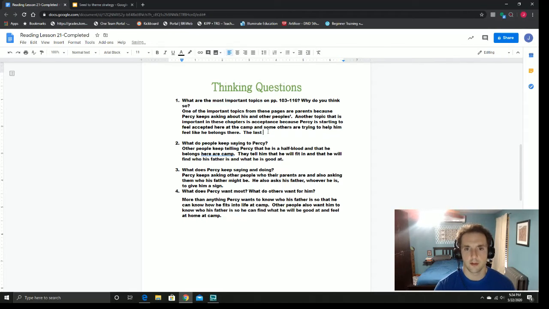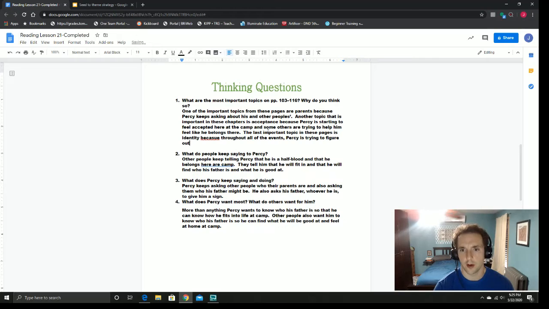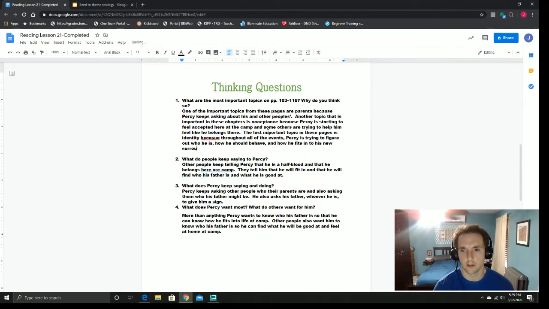The last important topic in these pages is identity, because throughout all of the events, Percy is trying to figure out who he is, how he should behave, and how he fits in to his new surroundings.